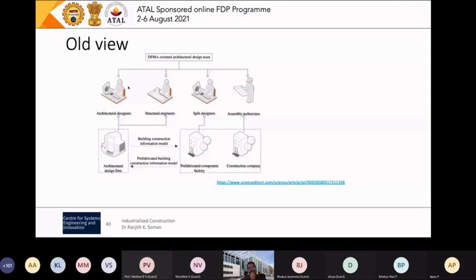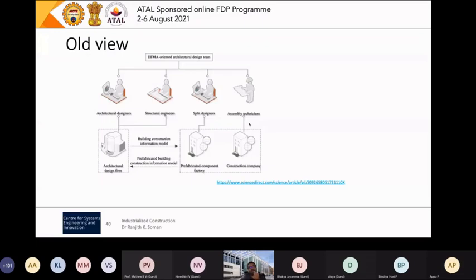What they did was break down whatever the architects, structural engineers or MEP engineers were creating into a discrete structure, then gave it to manufacturing, and they prefabricated and the construction company assembled it. Still, the problem is we are starting off as a one-off solution every time we are creating the design and delivering it. So the only idea is that it is manufactured instead of constructed.